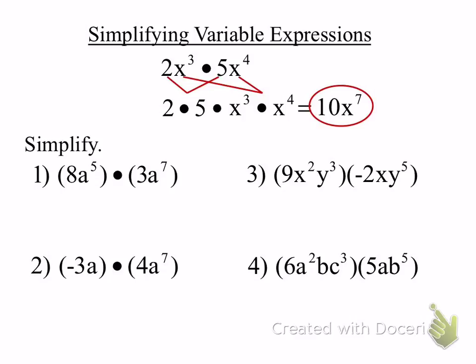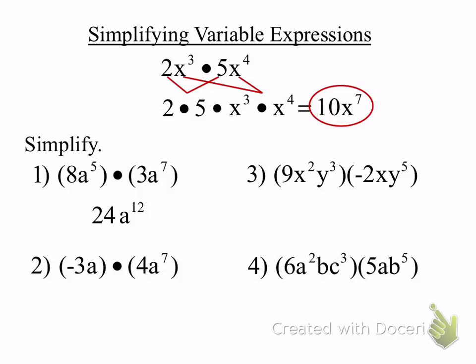How about Sierra? I think it would be 24a with an exponent of 12. Perfect. Questions? Okay, Luca, number 2.